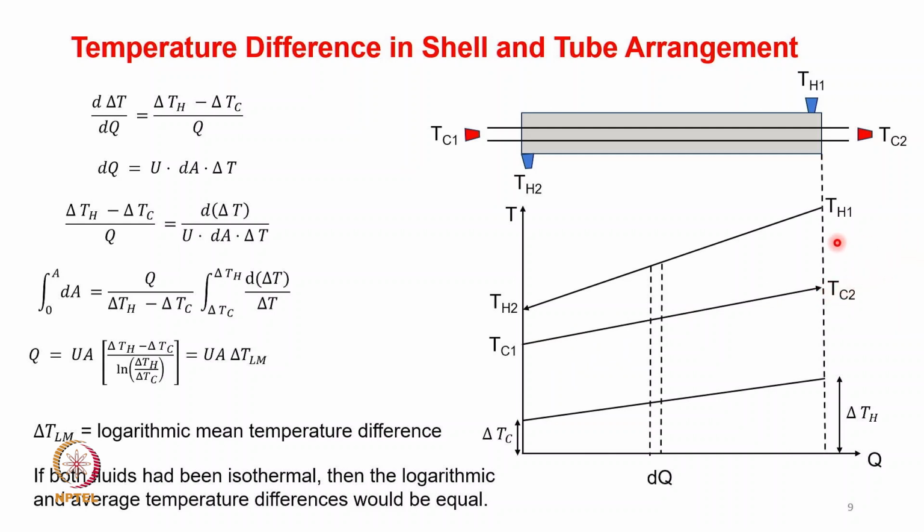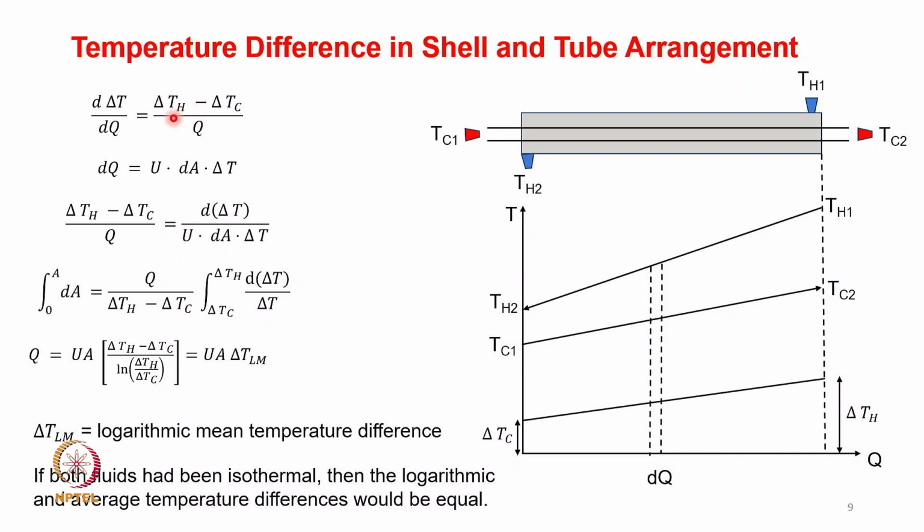Fine. So, now what we could do is compute Q in detail. So, let's see d delta T by dQ. Delta T here is of course the slope of this particular line.